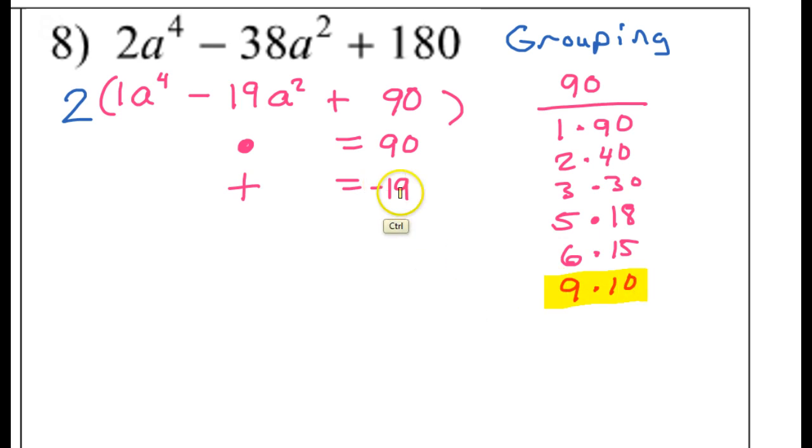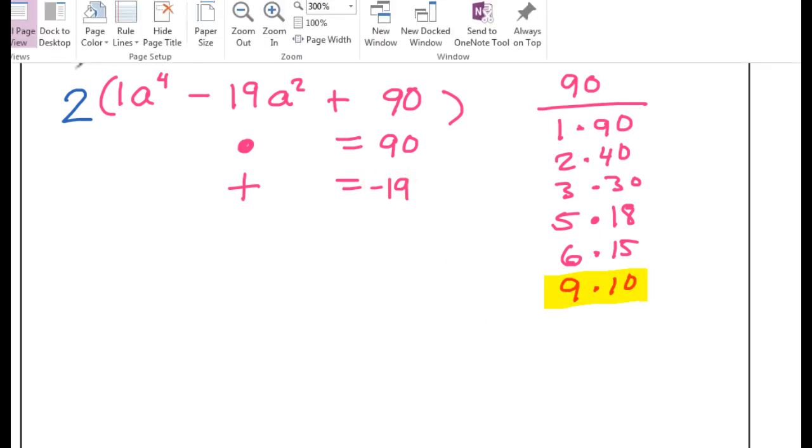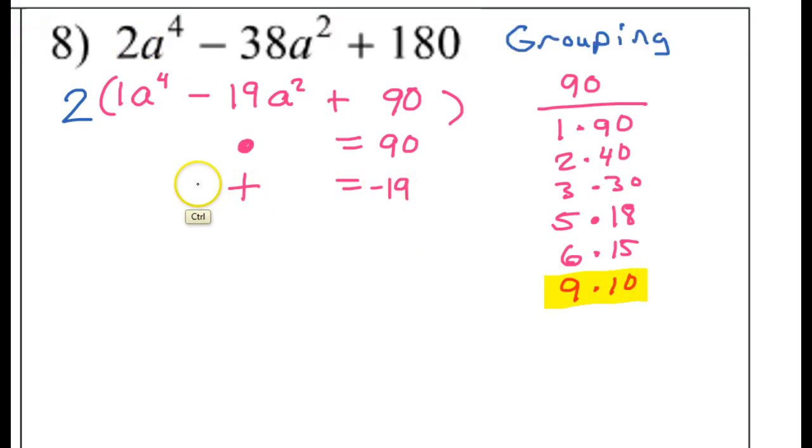But this is the pair that will make negative 19. If I pick the signs right, meaning I would need a negative 9 and a negative 10 to add up to negative 19. Then I have to use the same numbers for the product. Negative 9 times negative 10 is positive 90, so we're good.